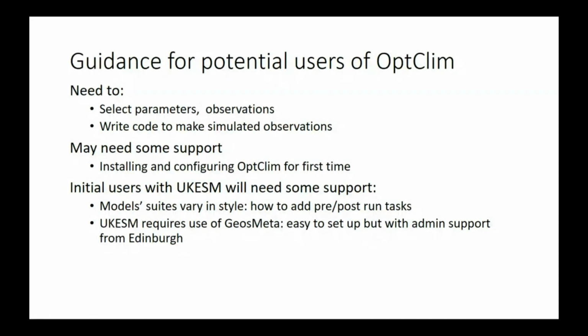But where support is definitely needed from us is in the need to use GeosMeta at the moment, until new Puma comes along and we can have a much simpler workflow that integrates the Rose suite of the UKESM with the OPTCLIM software.